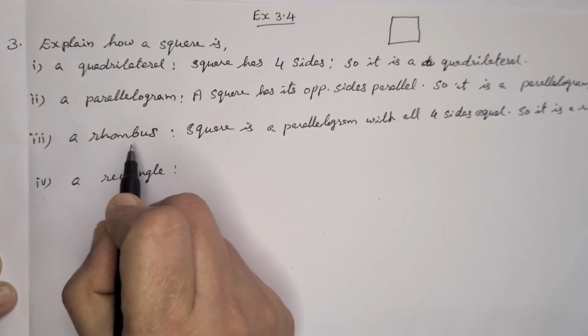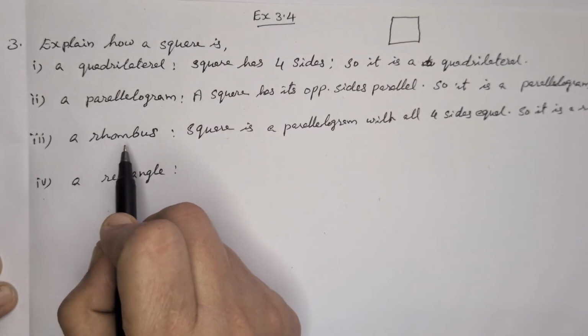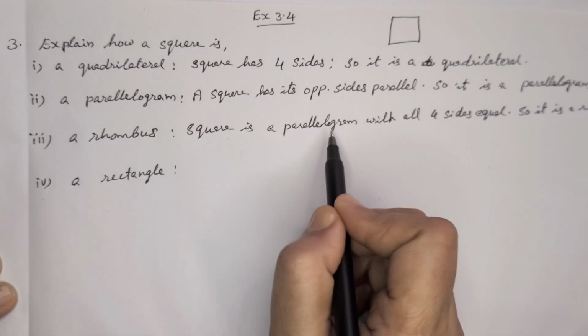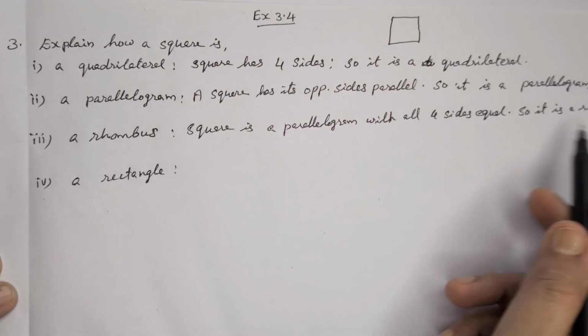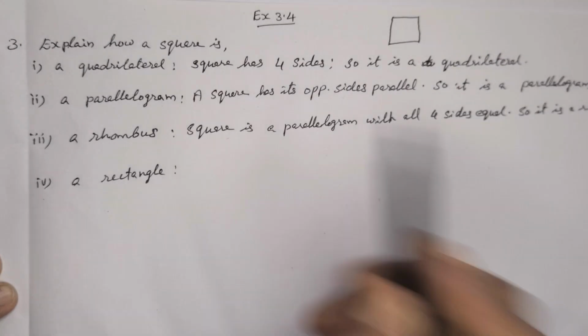Rhombus means all sides are equal. Square, already all sides are equal and it's already a parallelogram with all 4 sides equal. So we can write it is a rhombus.